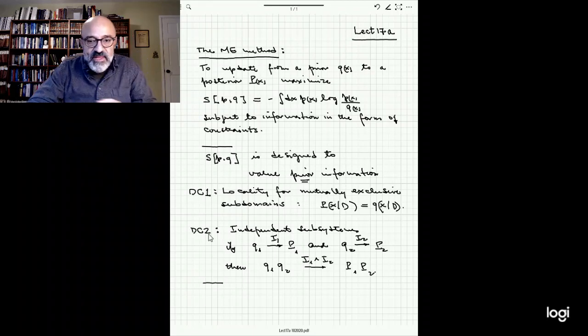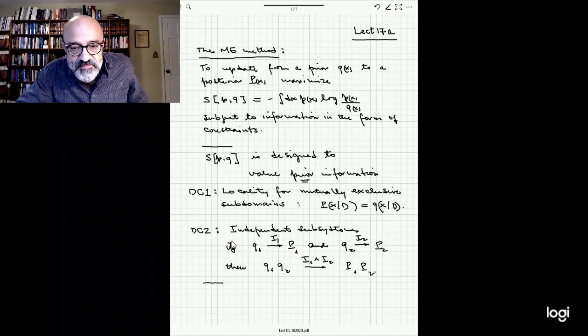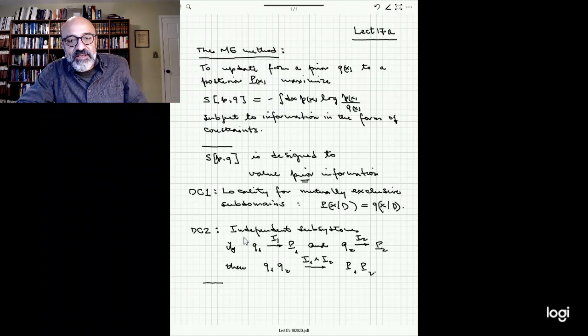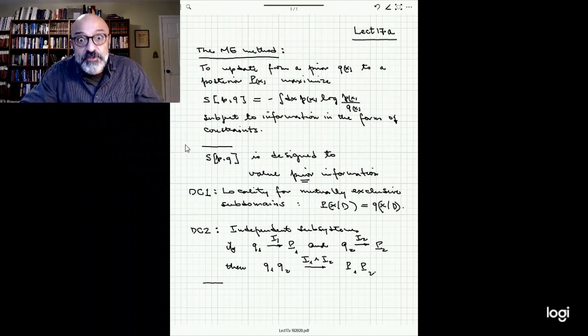The second one is the fact that we value, in science, you have to value independence. You have to agree that if you do not receive information about correlations, the method of inference itself, namely the entropy, should not introduce correlations into your problem.